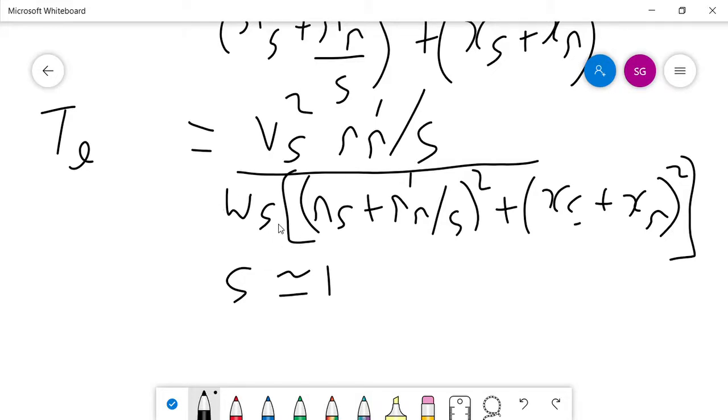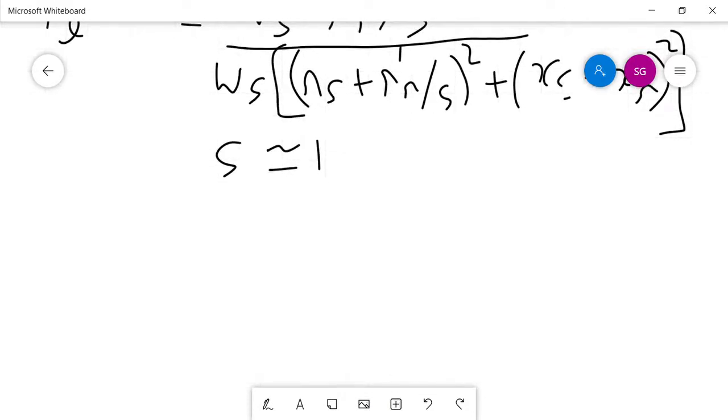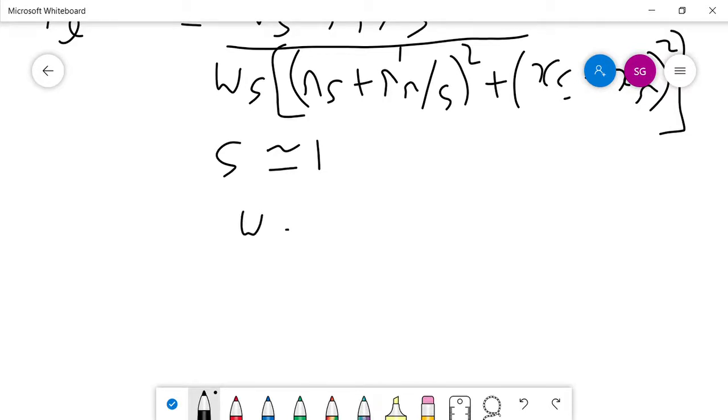And what does slip equal to 1 mean? Slip equal to 1 means that omega s minus omega r upon omega s is equal to 1.